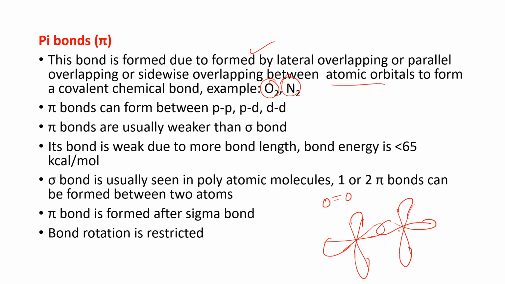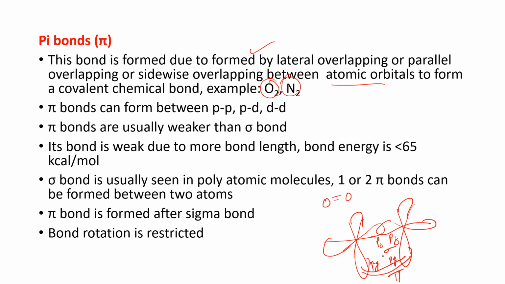So as a result here you can see the pz and pz bond will be formed. And remember, the first bond formed will be the sigma bond, so hence it is a sigma bond. The next bond formed will be the pi bond. Here you can see the py and py orbitals will be overlapped, leading to the formation of the pi bond. So this is a structure that you can see of how oxygen is involved.